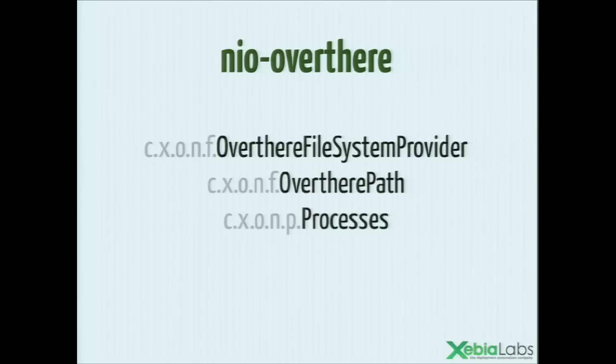Because also there you want to do remote processes or local, different ways to spawn processes. So kind of comparable to the Files class that Jeroen showed a few slides ago, we added a Processes class where you can start processes and execute commands and this kind of stuff. So that's what we started building, and that's what we'll show.